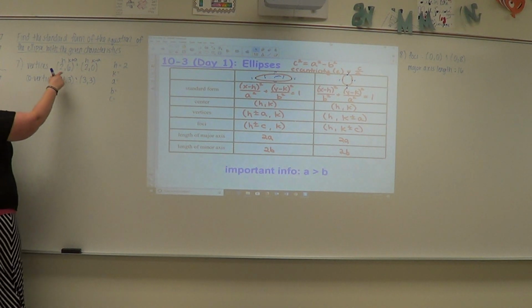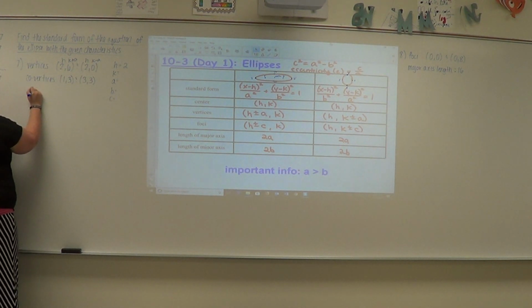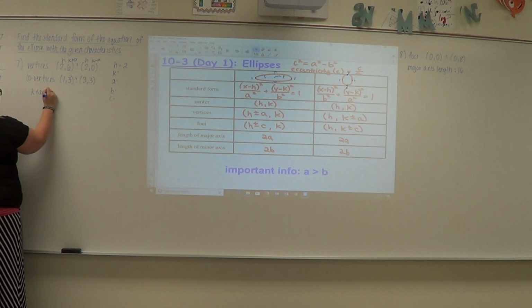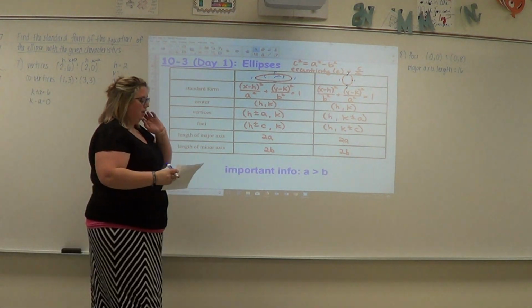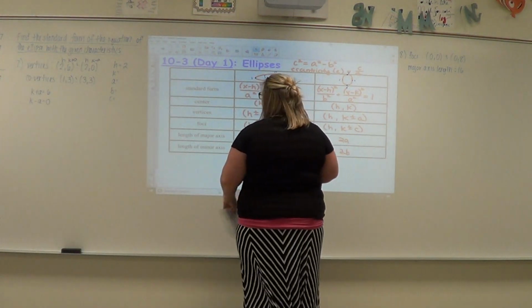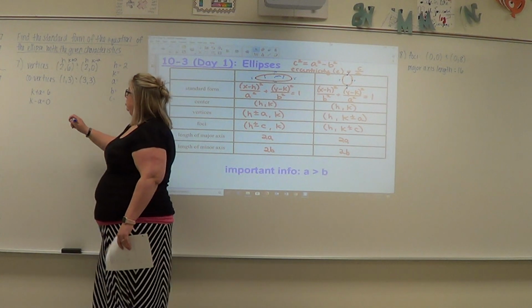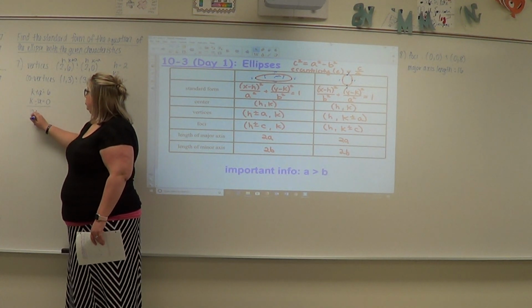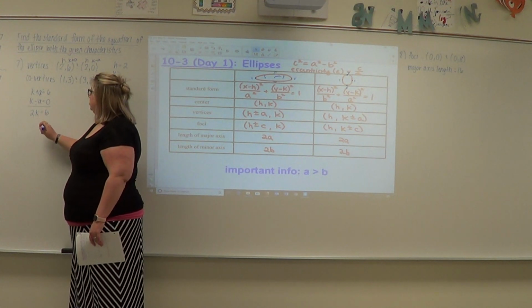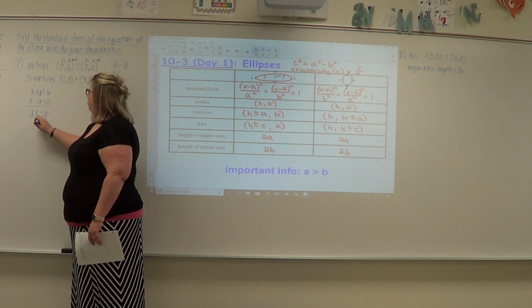Then I could use these two numbers and have a system of equations. K plus A equals 6, K minus A equals 0, and I can find K and A. So the A's cancel, 2K equals 6, so K equals 3.